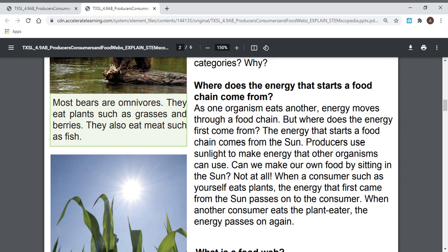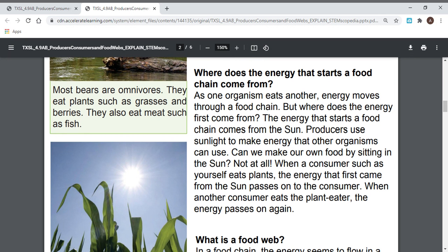Let's continue on. Where does the energy that starts a food chain come from? As one organism eats another, energy moves through a food chain. But where does the energy first come from? The energy that starts a food chain comes from the sun. Producers use sunlight to make energy that other organisms can use.